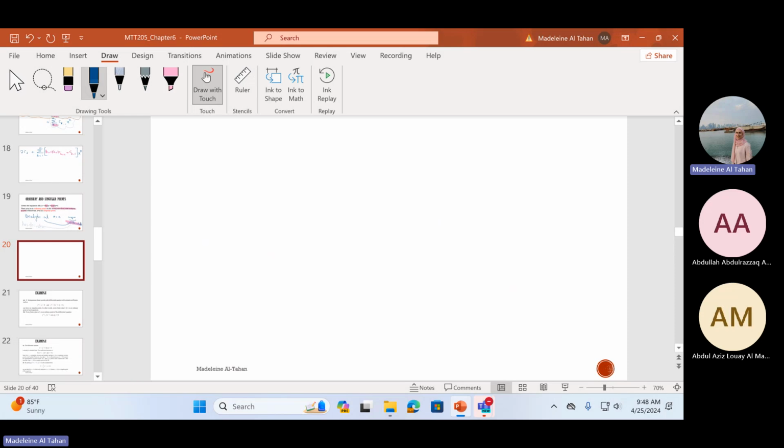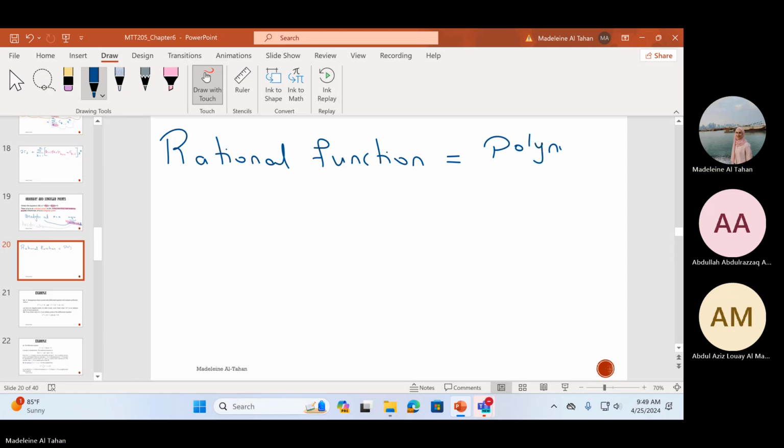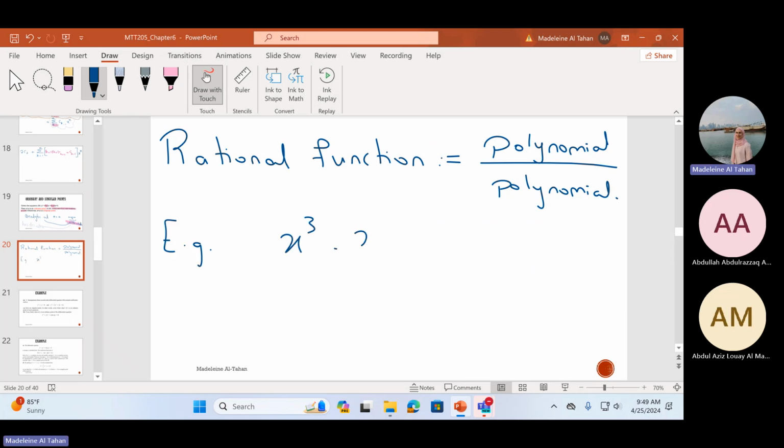What do you mean by rational function? If you don't know, I know that you know it, but maybe you are unable to recall the name. Okay, a rational function means polynomial over polynomial. Like this: x cubed minus 2 over x squared minus 9.